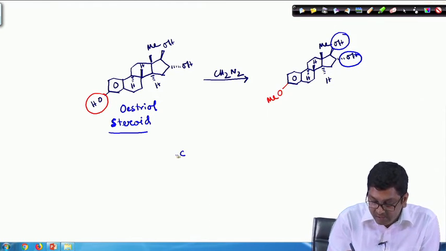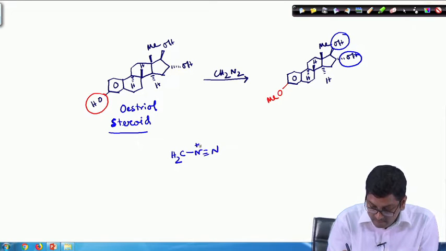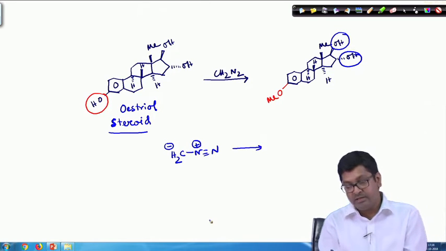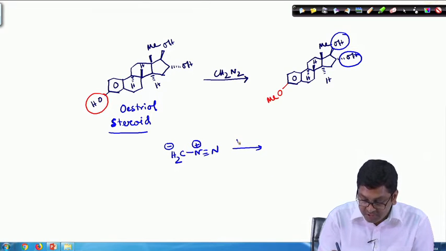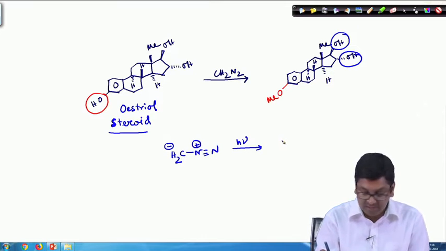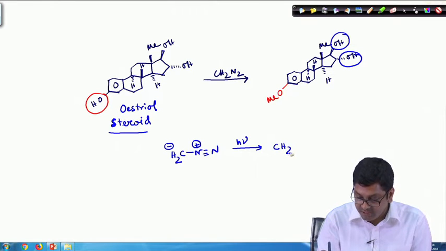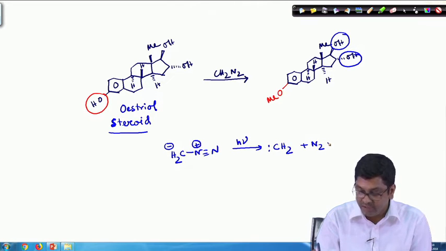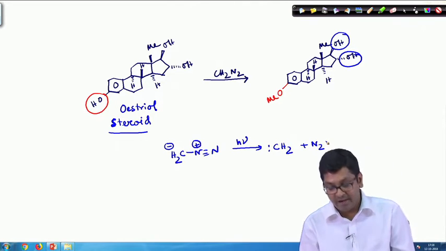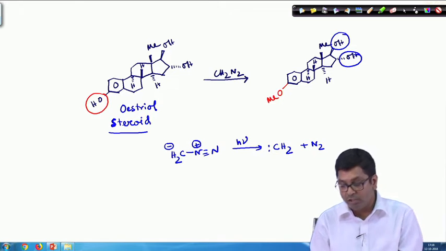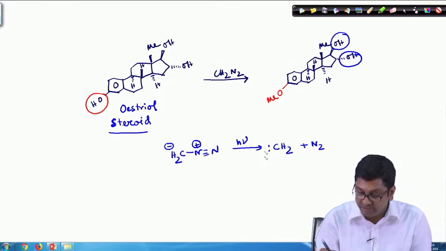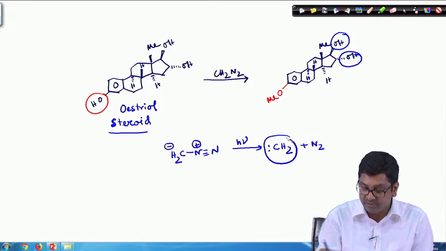So, in principle, we have diazomethane and this photochemical decomposition gives the corresponding carbene, with the elimination of nitrogen. It is a very stable molecule, nitrogen. So, that will generate this carbene species.